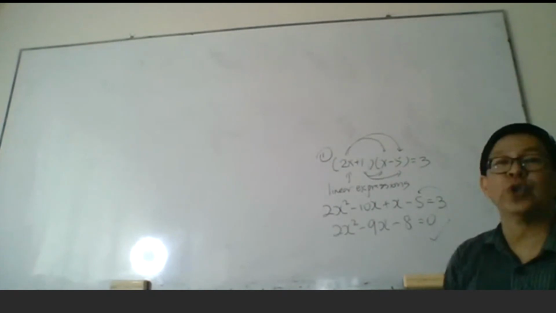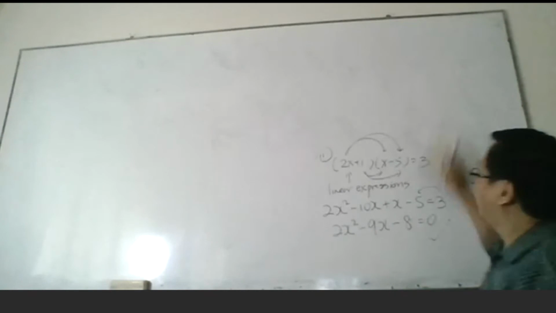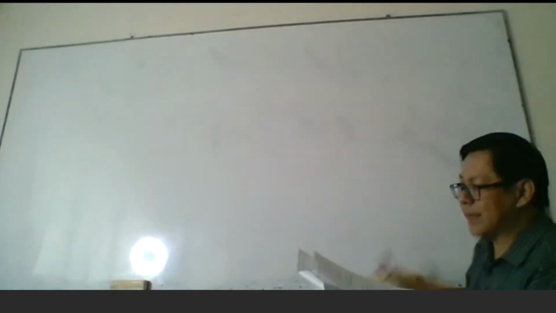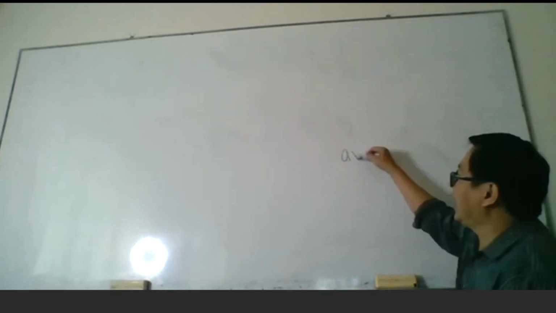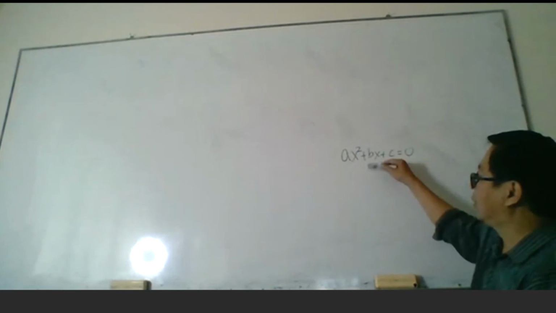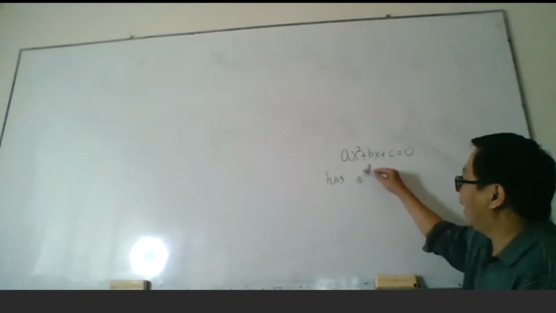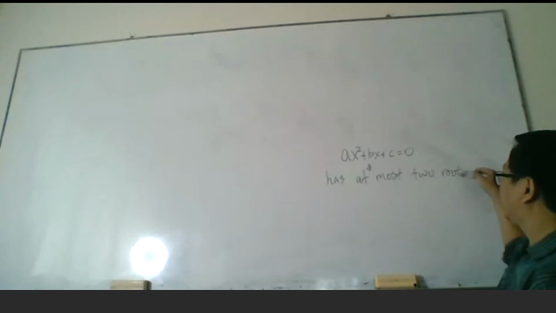Can you please turn to the second page? In here I say that a quadratic equation ax squared plus bx plus c equal to 0 has at most 2 roots.